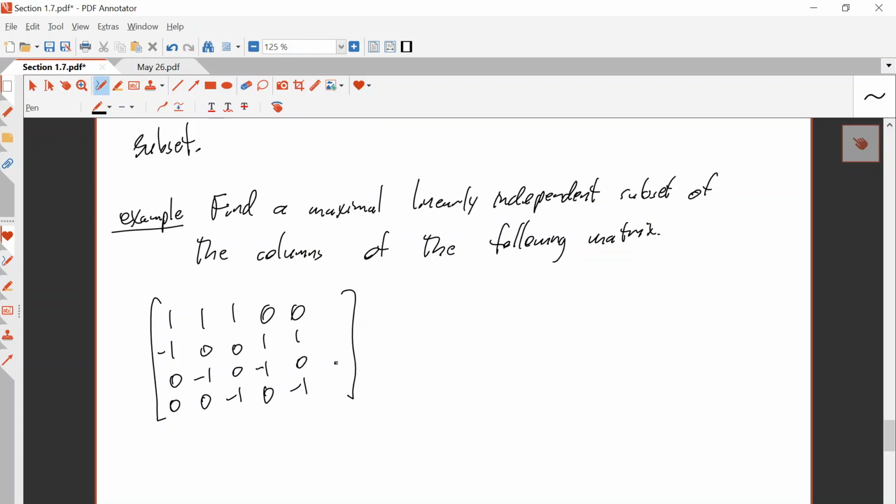I made that really ugly. Let me do it again. So I've got 6 columns here. I know what the pattern is I'm looking for here.